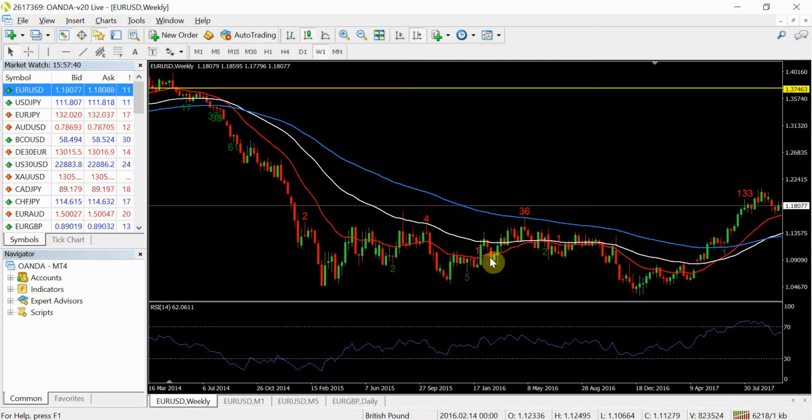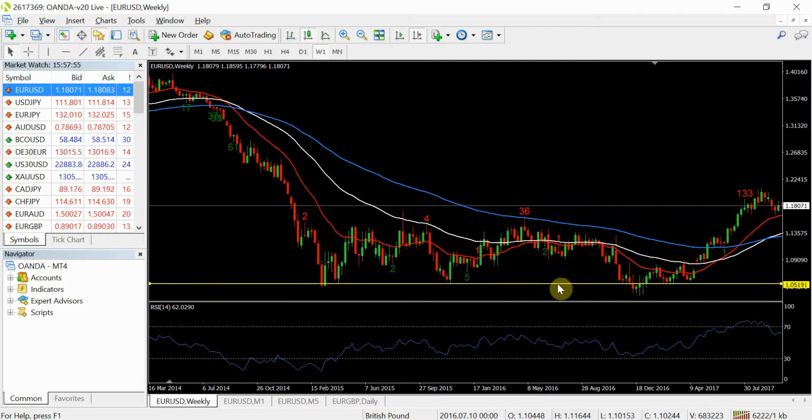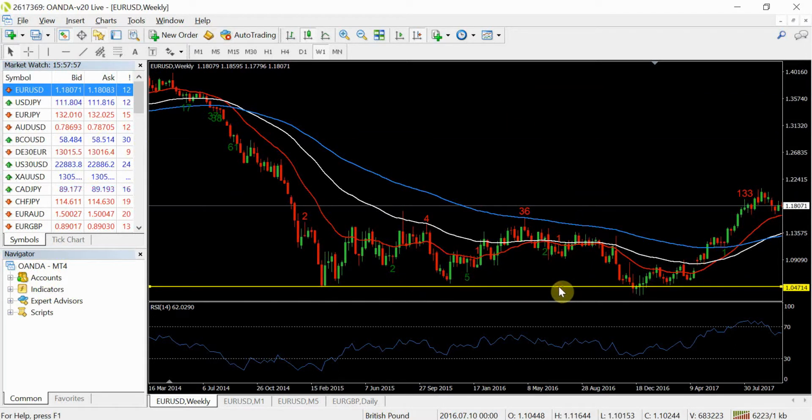Then it comes back up, passes the fast and the medium, and nicely touches the 100 period moving average, and then sells off again at roughly the same level. You could even argue that is a nice, strong support area right about here.